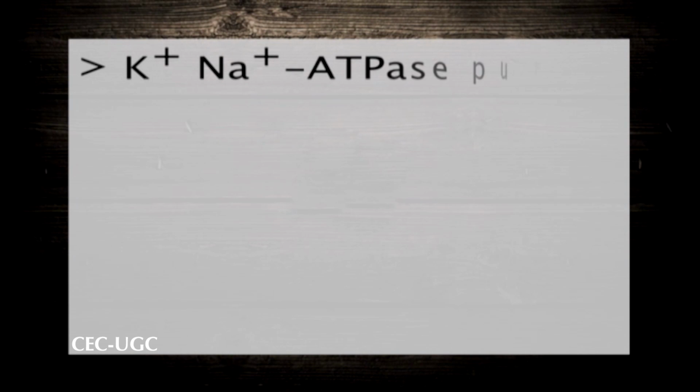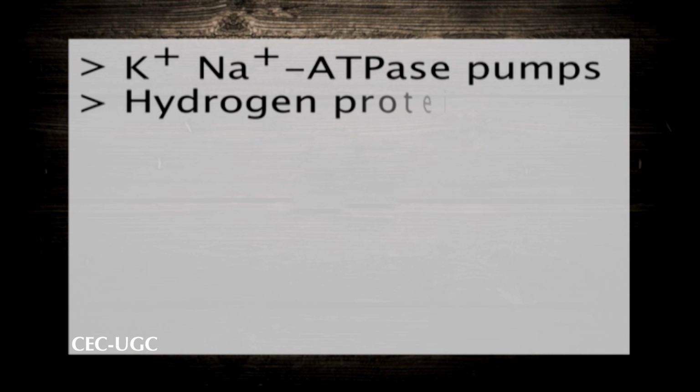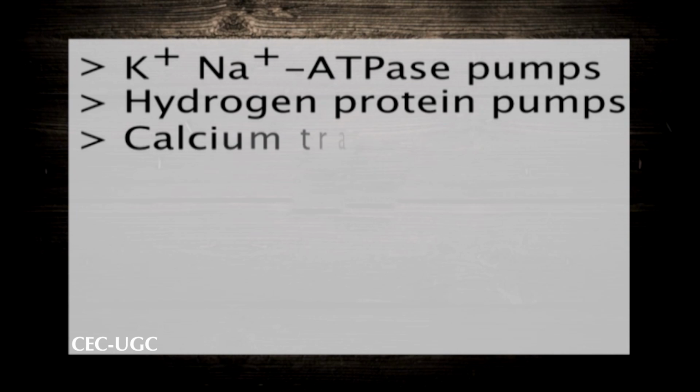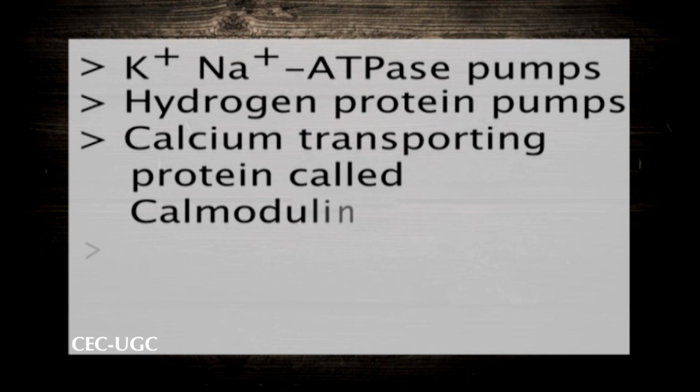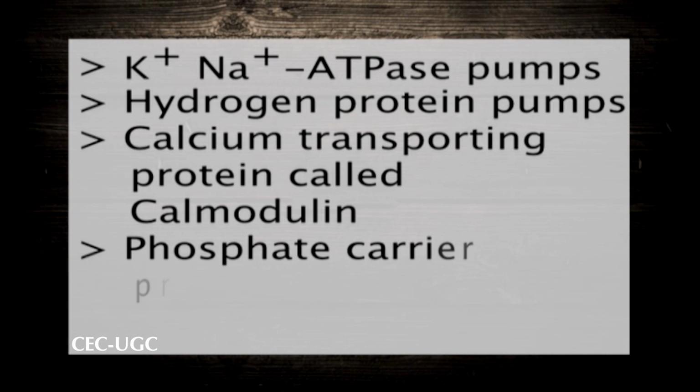Some common examples of carrier proteins are potassium-sodium ATPase pumps, hydrogen proton pumps, the calcium transporting protein calmodulin, phosphate carrier proteins, etc. The above mentioned proteins have been isolated from different sources and their structures as well as kinetic properties have been studied in detail.